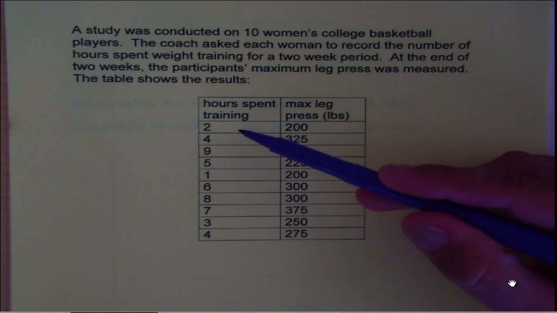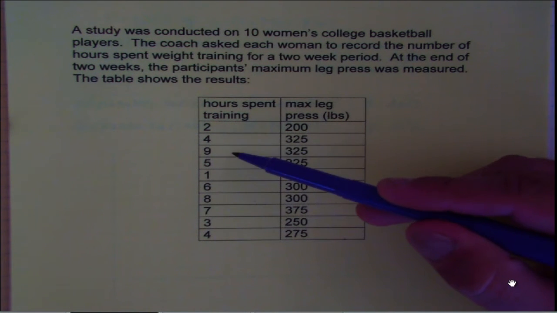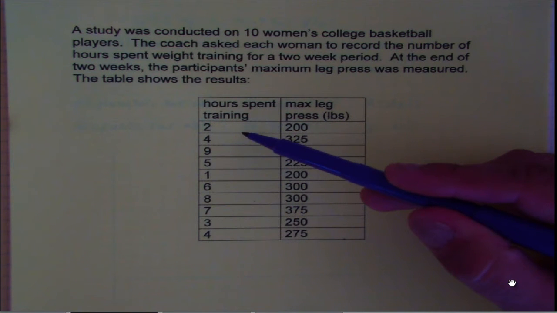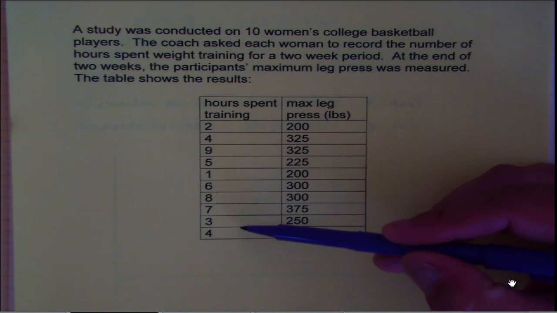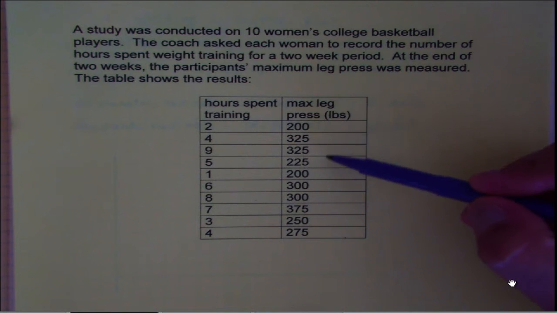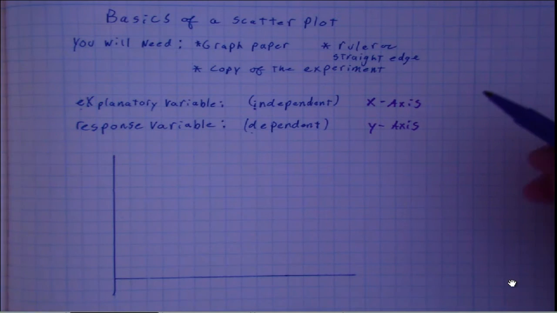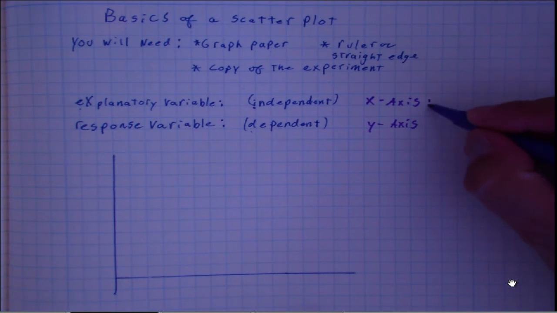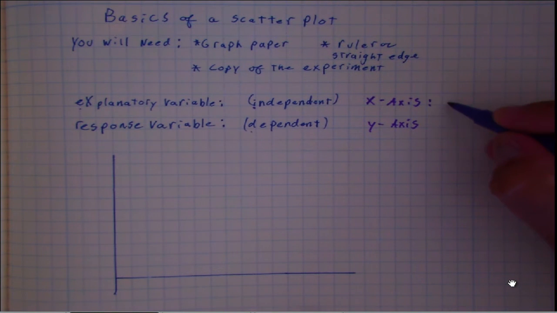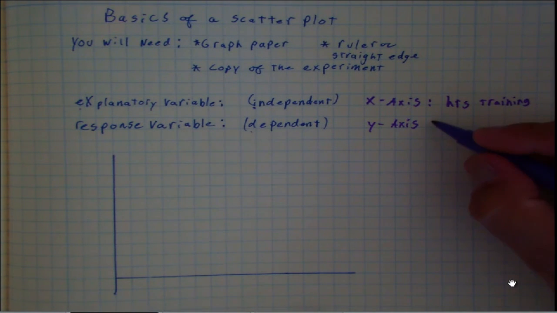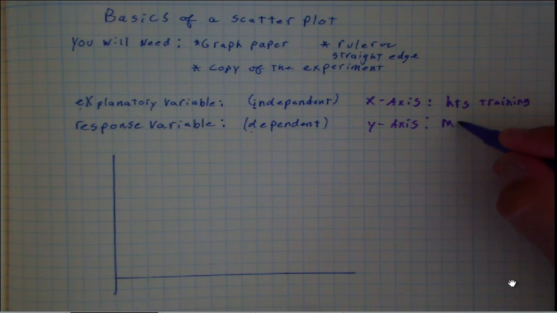The input we learned in science is the independent variable, which is the same as the explanatory variable. So here are your explanatory variables. These are the response variables. So on your x-axis, your explanatory variable is going to be the hours spent training. Your response variable is going to be the max leg press.